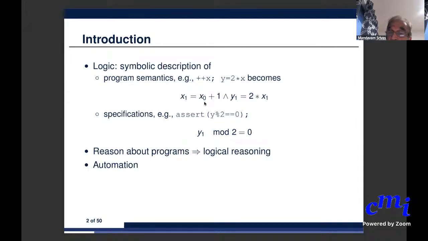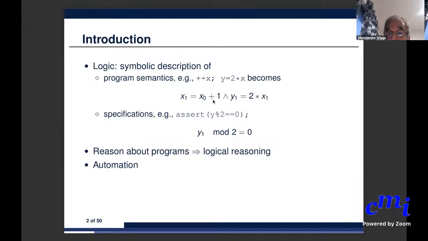So the effect of the first instruction can be modeled by this equality in the logic: x1 is equal to x naught plus 1, as it increments the value of x. And similarly, once the second assignment is done, the value of y after execution of the second statement will be y1, which is equal to 2 times whatever the value of x was at the start of the second instruction.